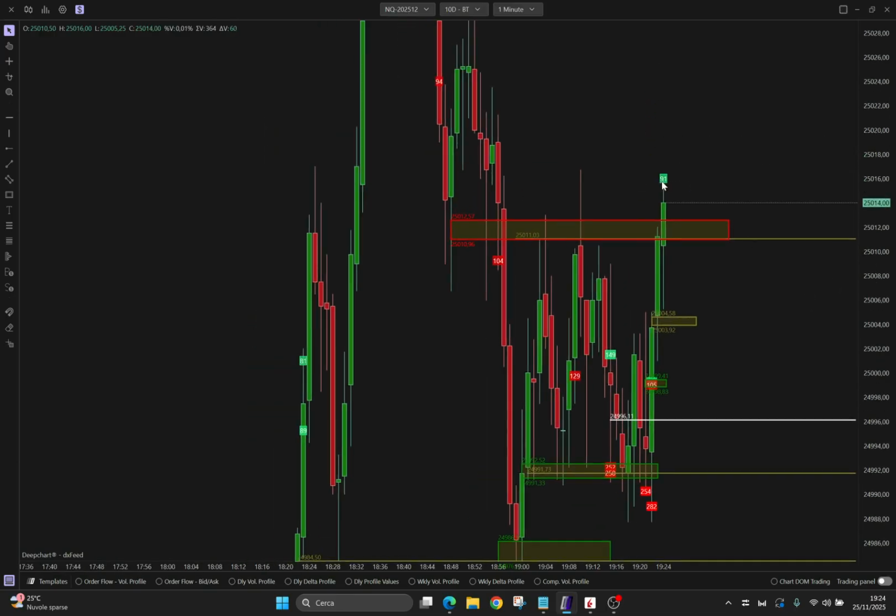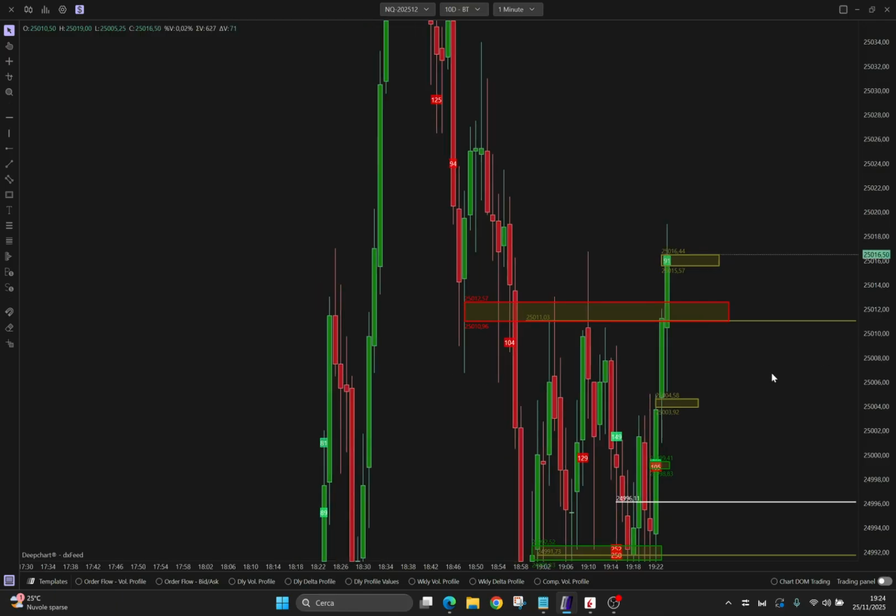Okay? As you can see, auction higher, they are willing to buy at higher prices. Okay? So if buyers are willing to buy at higher prices, the momentum is clear now. They are auctioning higher.